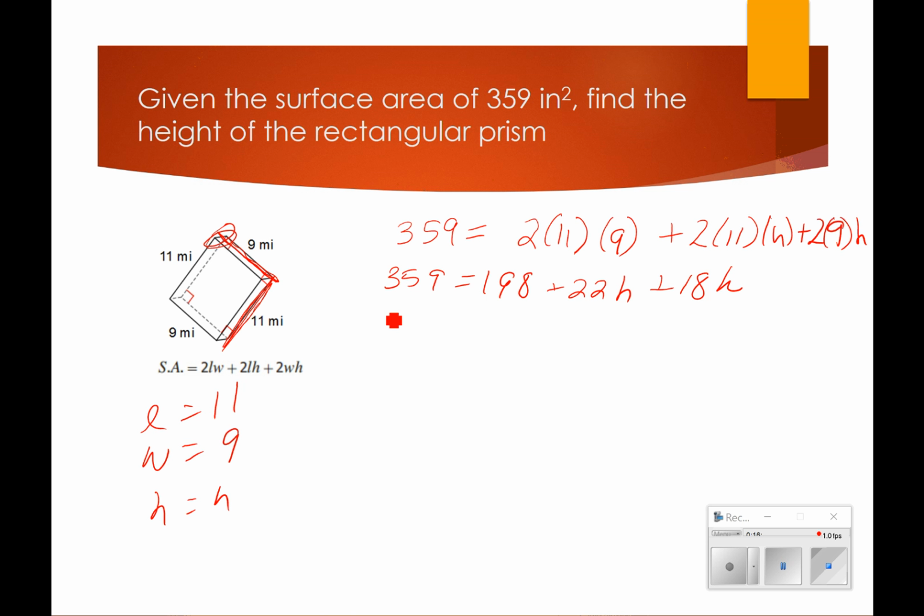If I combine my like terms, I get 359 equal to 198 plus 40H.